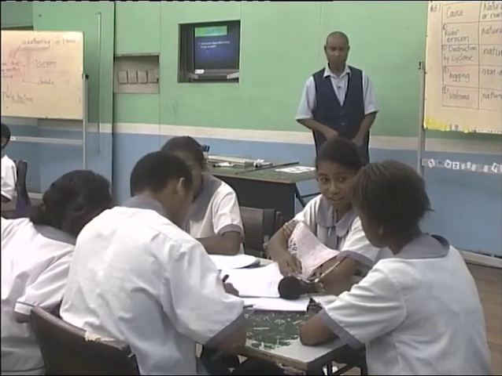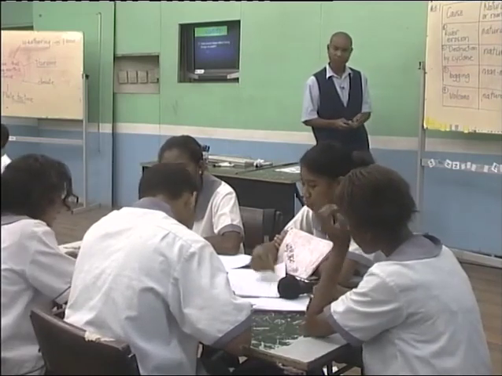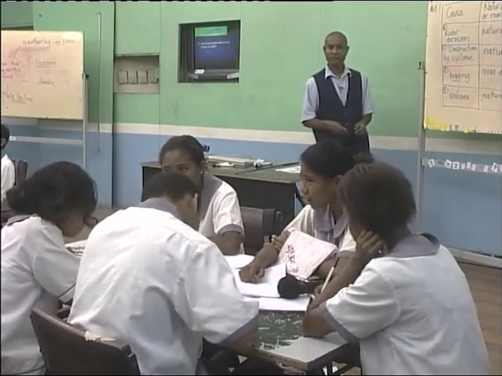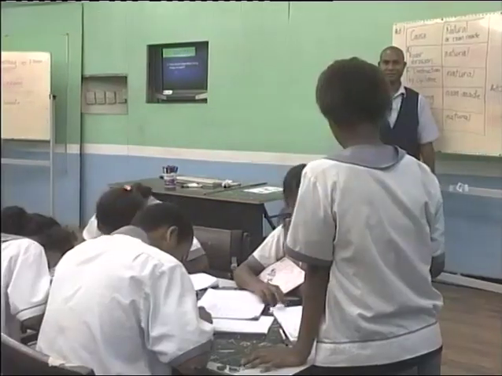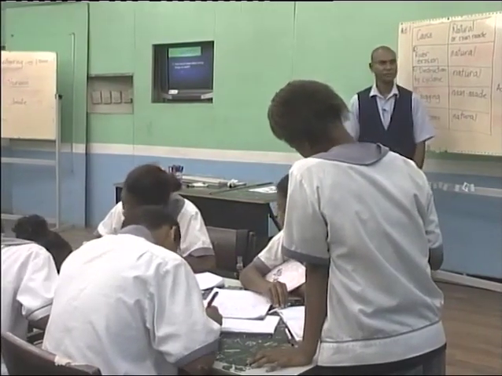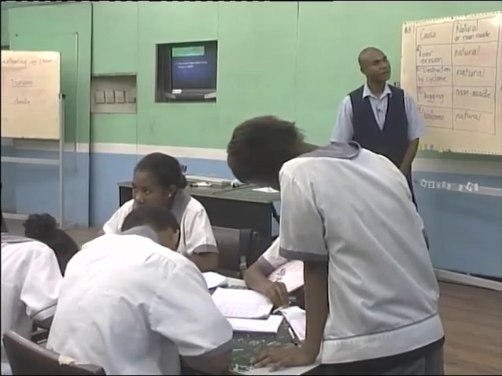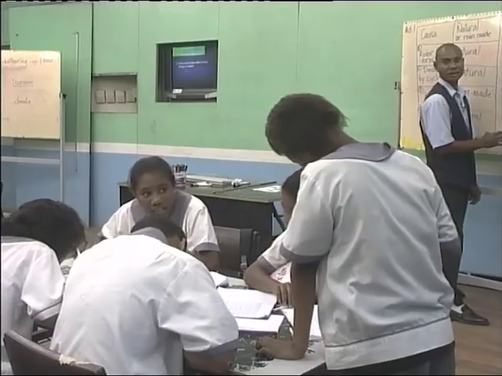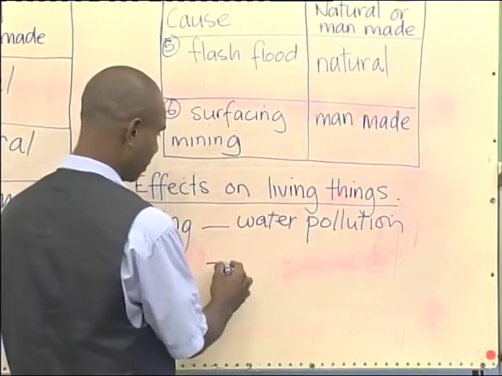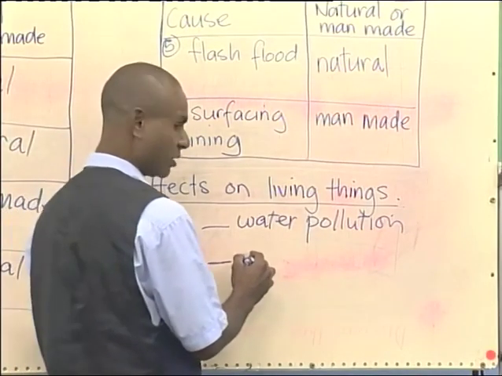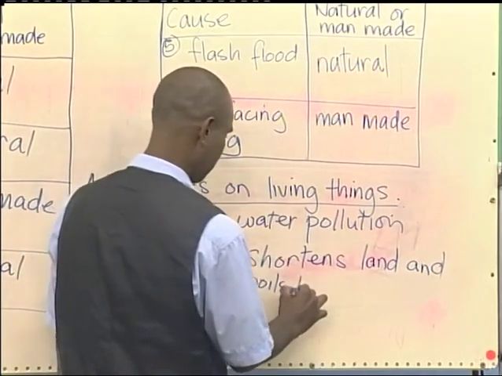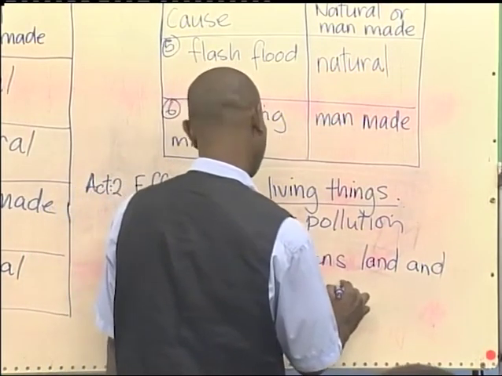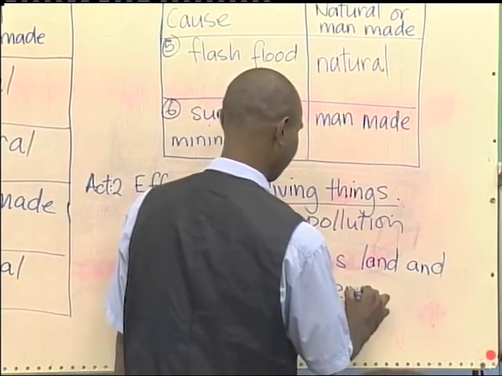Anyone from the group, Laka and your friends? Tyrone? Shortens the land and spoil the looks of the environment. What cause is that? Mining. Mining, okay. How does it shorten the land? By mining.